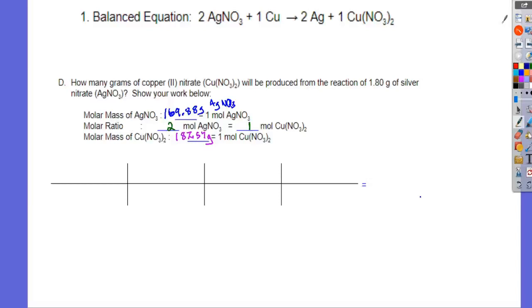So now let's look at our question and find our given. My given here is 1.80 grams of silver nitrate. So in my first box, I have 1.80 grams of silver nitrate. Without looking anywhere else in the problem, I know that down here I'm going to have grams of silver nitrate, 169.88.